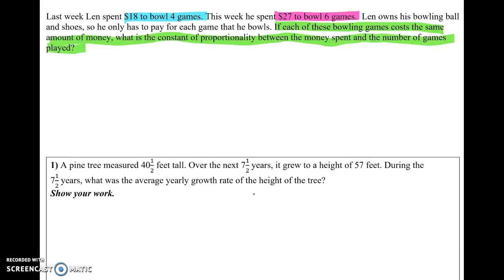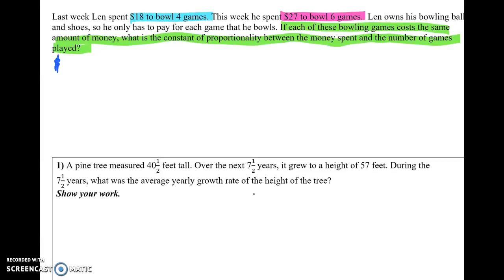If you remember, the constant of proportionality is known as K, which is also known as the unit rate. And to find that, we have to do y over x. Using the numbers they gave us, the first ratio we could write is $18 for 4 games.